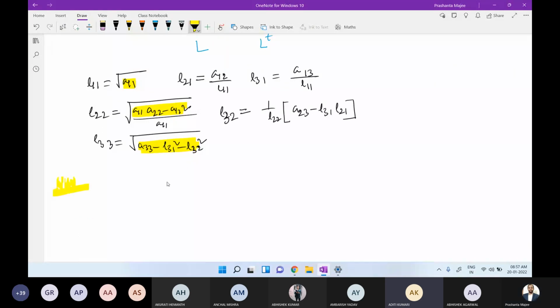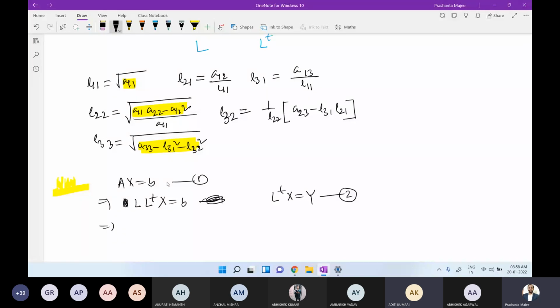The given system AX equals B can be written as L into L transpose into X equals B. You assume L transpose X equals Y. Okay, so this is the given system, equation number 2. Using it, you get LY equals B. That will be equation number 3.